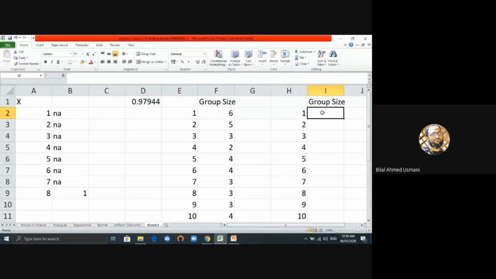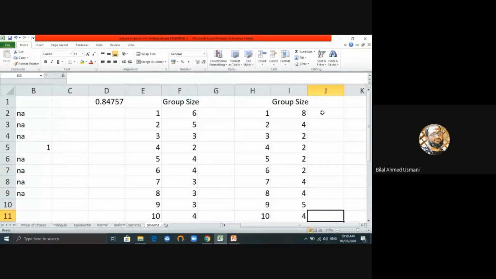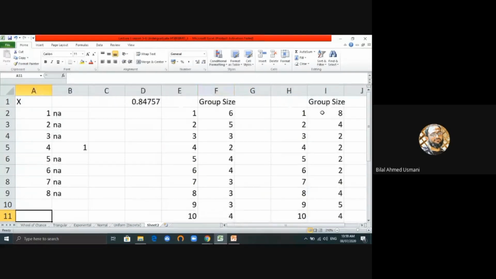So it is 8, and then 4, and then 2, and then 2, and then 2, and then 2, and then 4, and then 4, and then 5, and then 4. Why 3, 4, 2? These numbers are repeated more than the other ones. So you haven't seen 7, and we haven't seen 1.